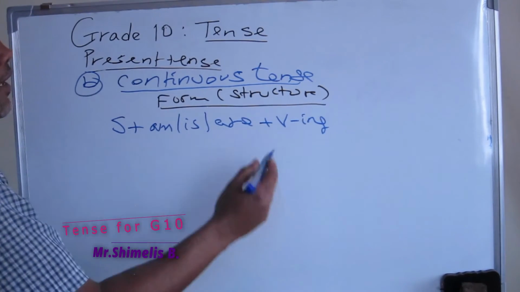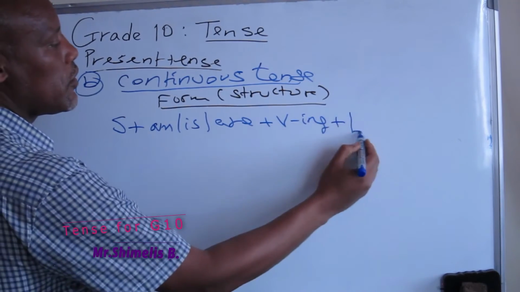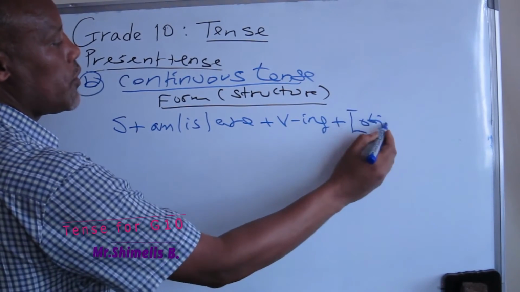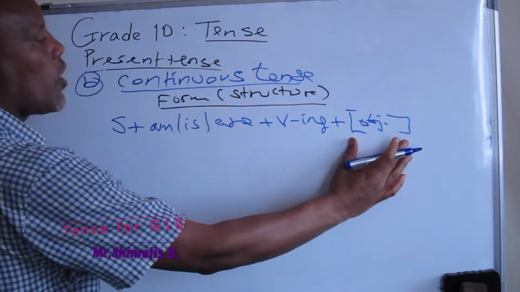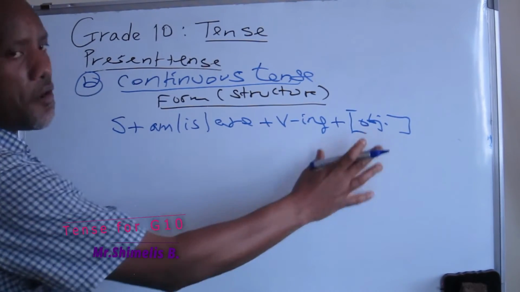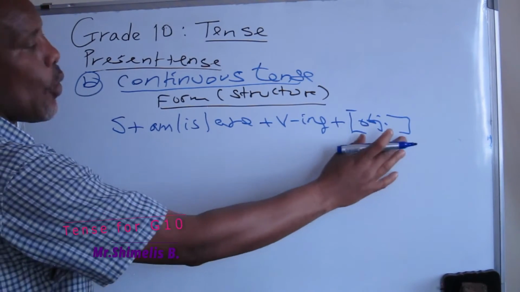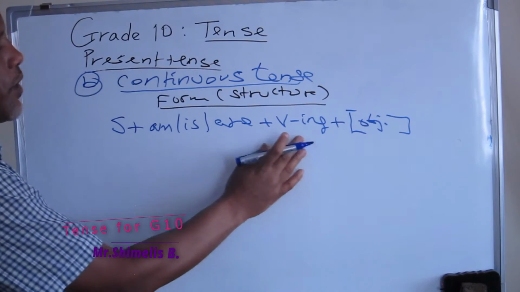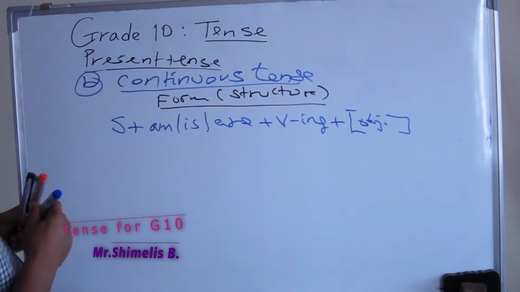Okay, and as usual, depending on the nature of the verb or how the verb is used, we might use objects. As you can see, I put optional structures in square brackets, so it shows they are not obligatory. We might find objects there depending on the verb. That's why I put it in square brackets.